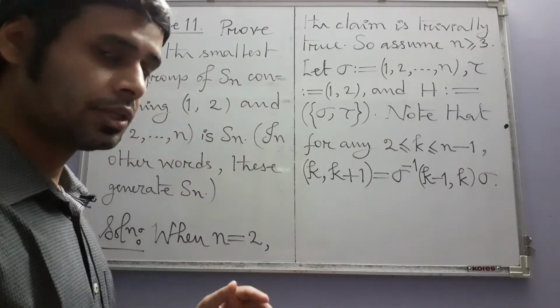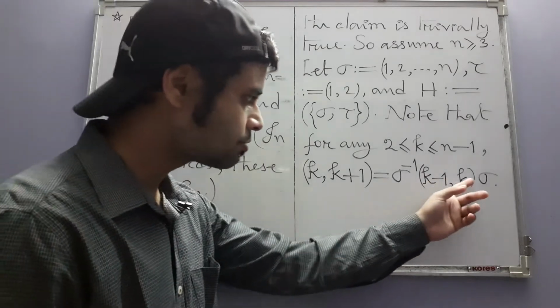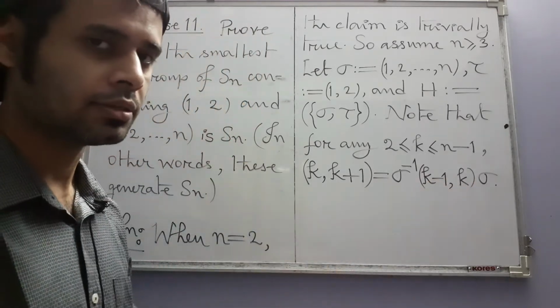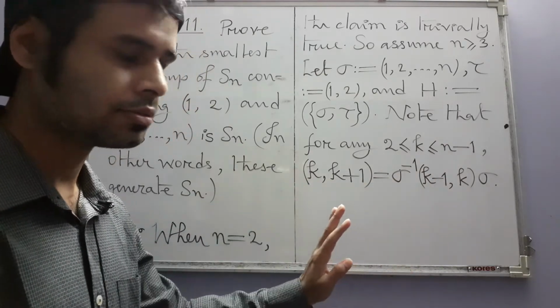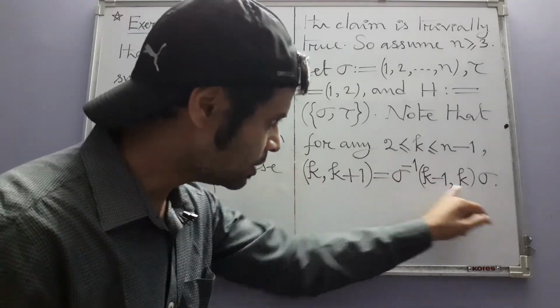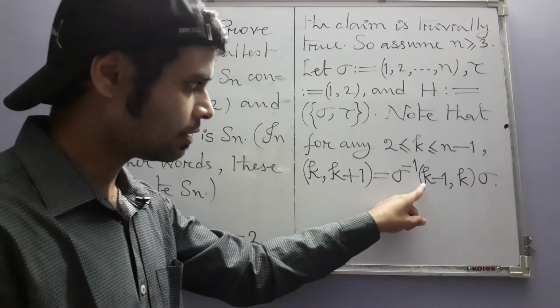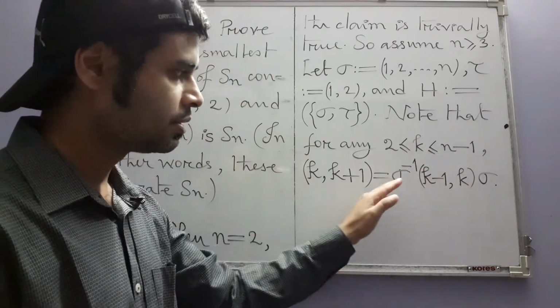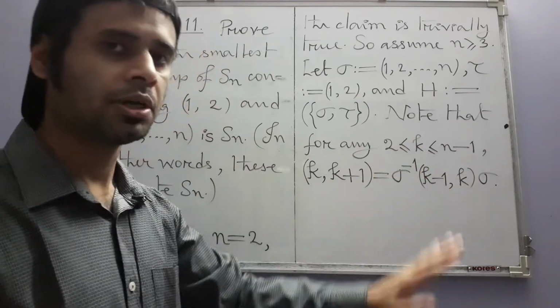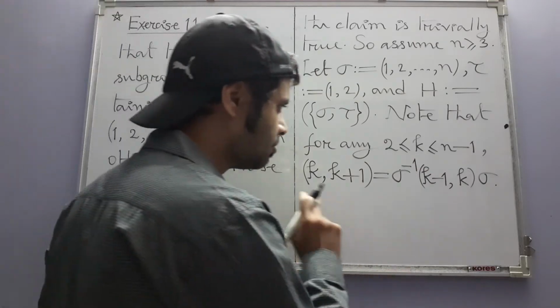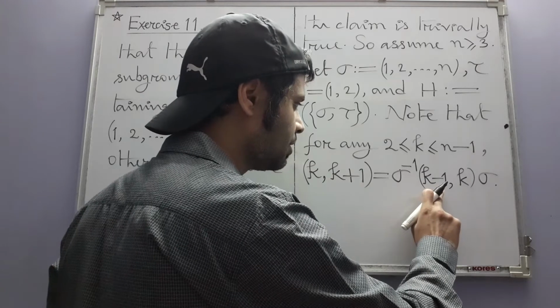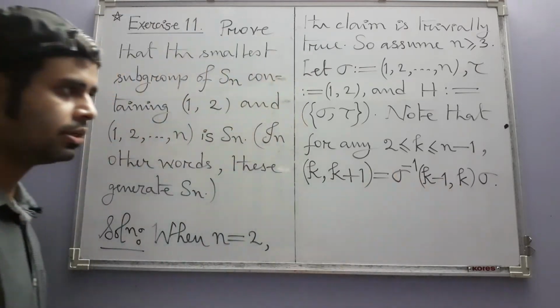But then again, with this one also you can do the same thing and have k minus 2 and k. In another such equation where you will have this 2 cycle on this side and in the middle you will have k minus 2 comma k, and you can continue like this. Ultimately what you will have, you will have 1 comma 2 here.